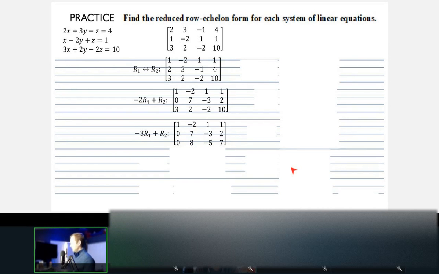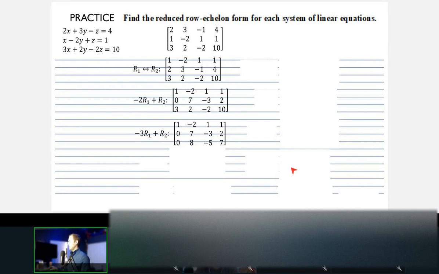So one way we can do it is multiply the entire row by 1 over 7. You are correct. We could do that. It would not be wrong. But now we're dealing with fractions, right? And that's okay. We can deal with fractions. I like to try to avoid fractions if I can. But multiplying the entire row 2 by 1 over 7 works just fine, just so you know.